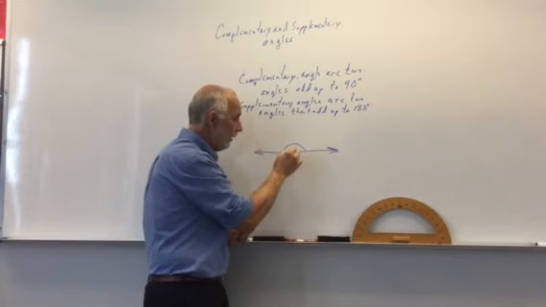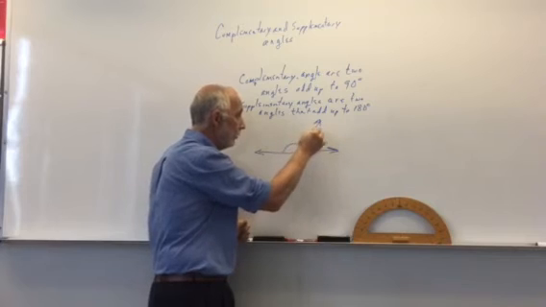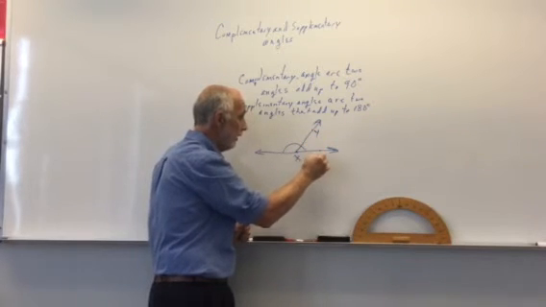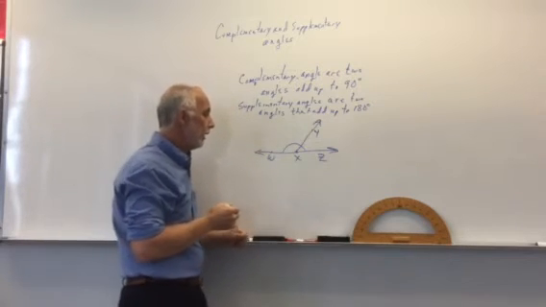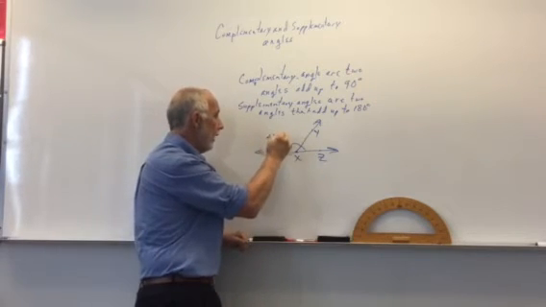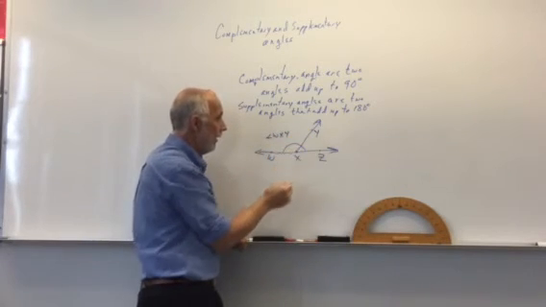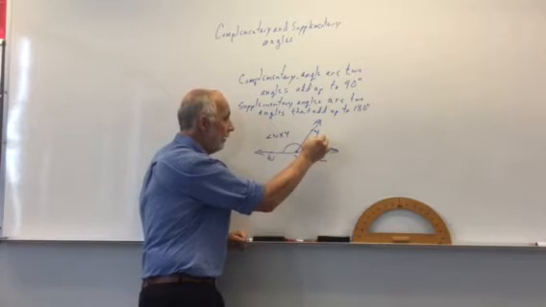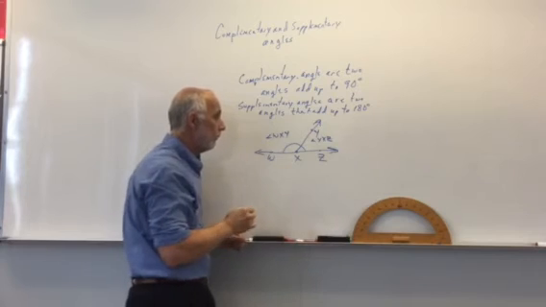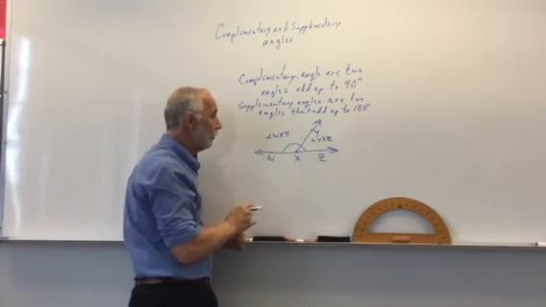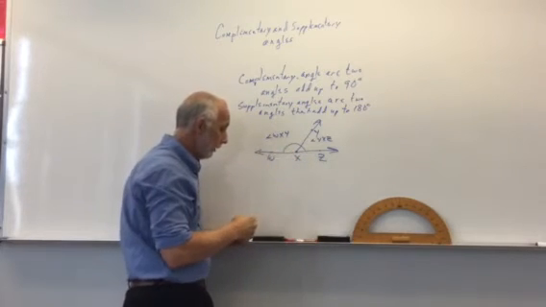So if you take a straight line and put a ray shooting out like this, say this is X, this is Y, this is Z, and this is W, there are two angles that are formed. Angle WXY, that goes from here to X to Y, and angle YXZ, because it starts at Y, goes through X to Z. Those two angles together add up to 180 because they make a straight line.